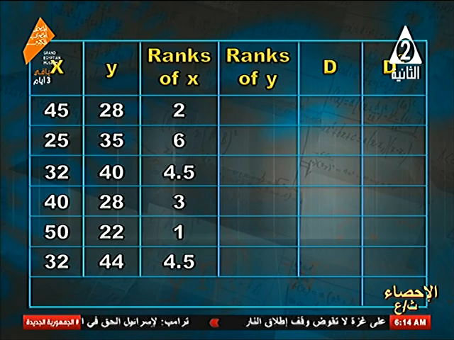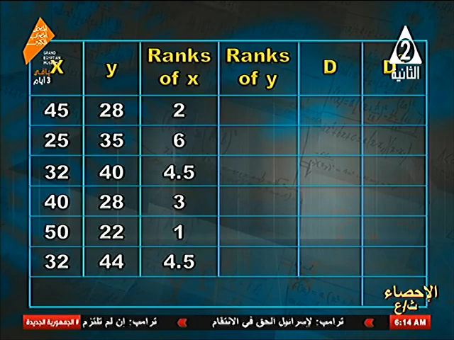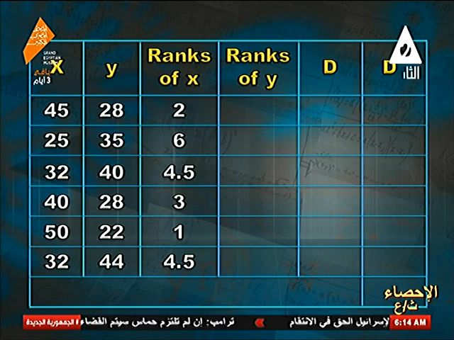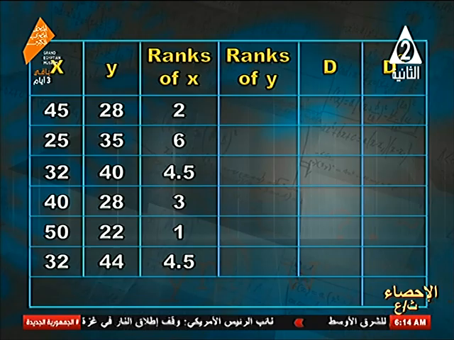What is the greatest number in X? 50. It takes rank 1. After that, 45, its rank is 2. After that, 40.